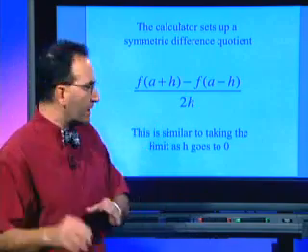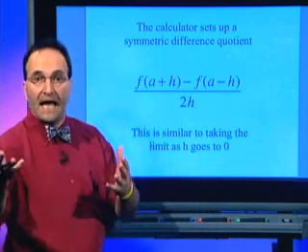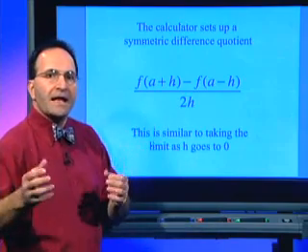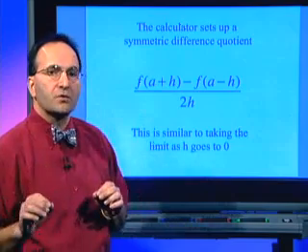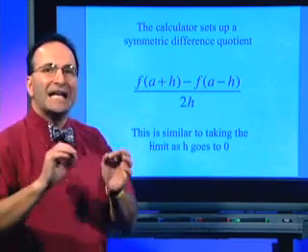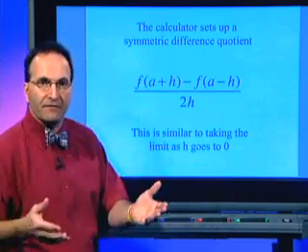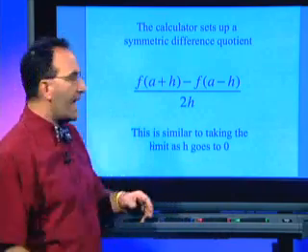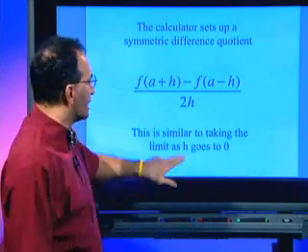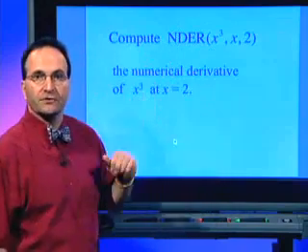It's very similar to taking the limit as h goes to 0. This is done with a function abbreviated nDeriv, which is of course the function's derivative, and it takes 3 arguments. Let's look at this right now.